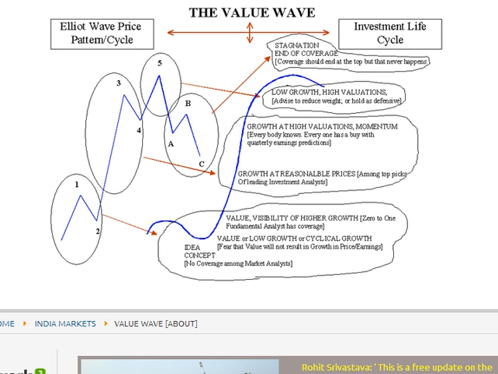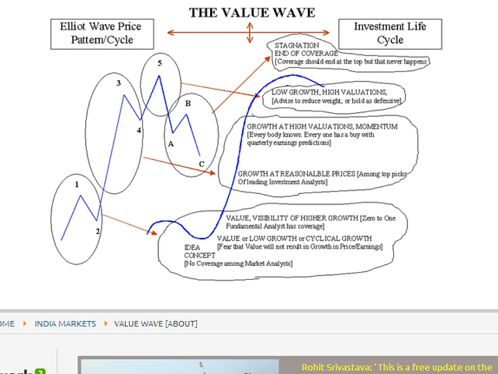However, other companies that are in growth industries that come in between could have a very different time cycle through which they go through this process. It could be 15 years, 20 years, through which they could go through an entire 5-wave advance and an ABC contractionary period, and then the whole thing could repeat all over again.